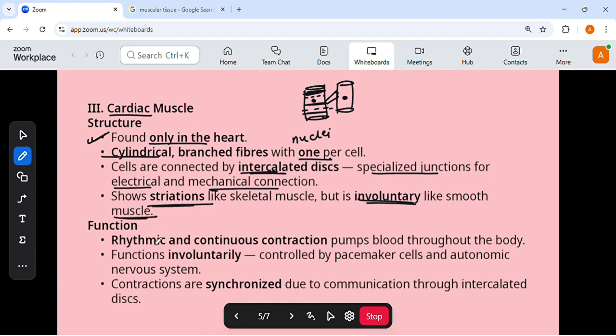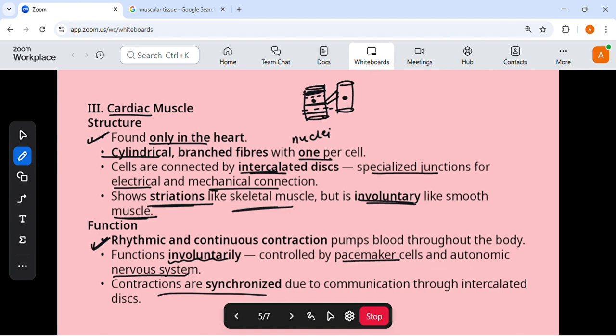And it is involuntary, just like smooth muscles. Both characteristics are here: striation like skeletal muscle, involuntary like smooth muscle. Function: rhythmic and continuous contraction pumps the blood throughout the body, and at the same time it is involuntary, means it's not under control, it is controlled by the pacemaker cells and autonomic nervous system. You'll see pacemaker, autonomic nervous system, neural control in the chapter blood circulation.